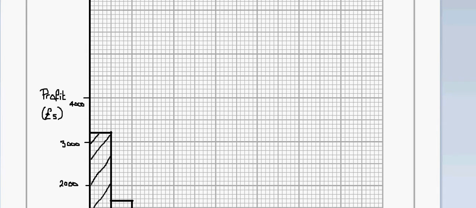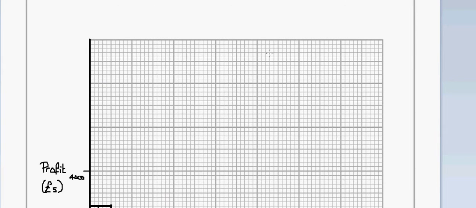So somewhere on the graph, I need to put in a key. Let's rub that out because it's not very good, is it? Let's take this out.